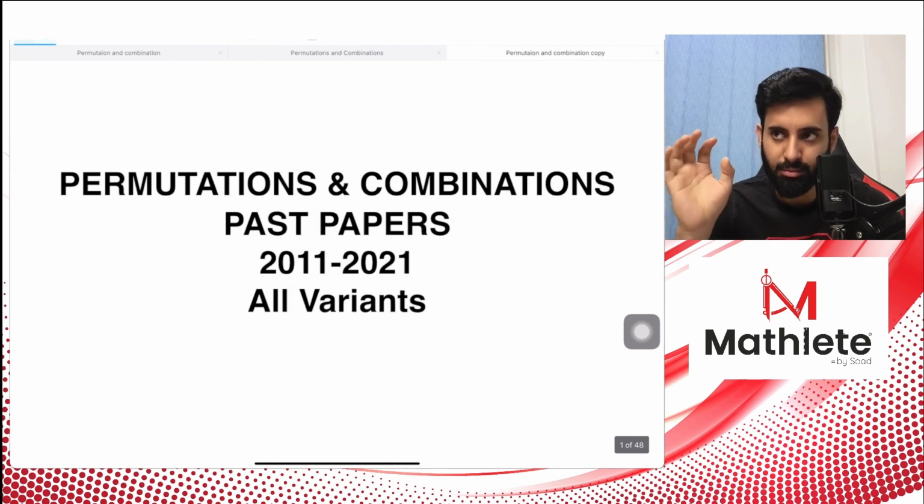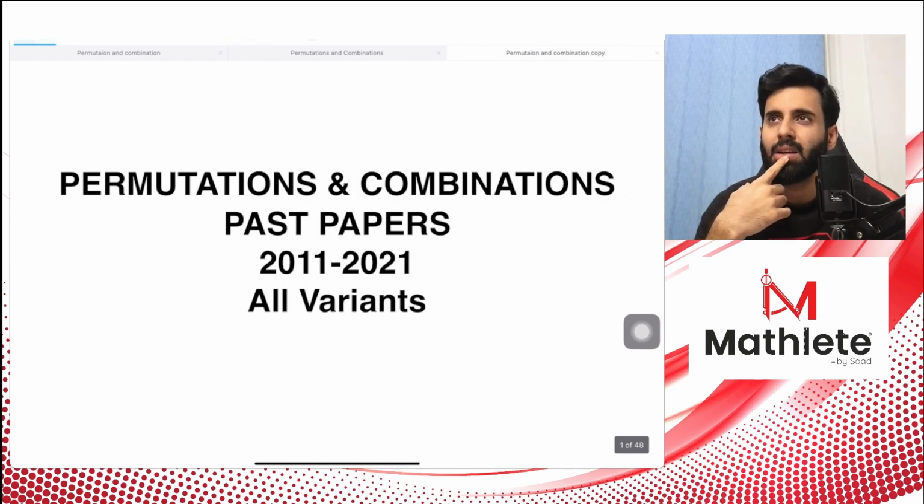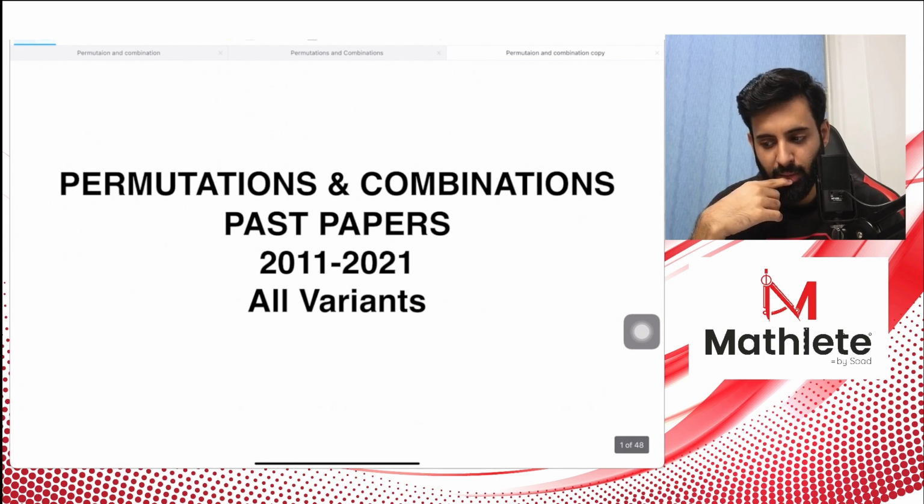Resolving vectors and resolving velocity, that part is still in the syllabus. The only thing that's not in the syllabus is relative velocity. That was removed in 2019. I think 2019 was the last year that relative velocity was tested. 2020 onwards, it was removed.